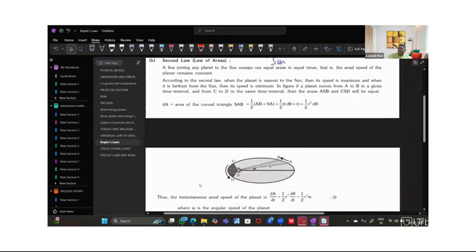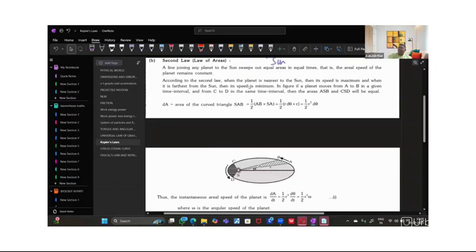So if a planet is revolving around the sun, it is sweeping equal areas, as we can see dA, in equal time interval dt, the smallest time interval possible. That is, the areal speed of the planet remains constant. The areal speed never changes. It remains a constant.